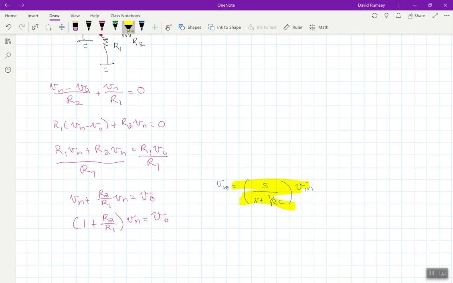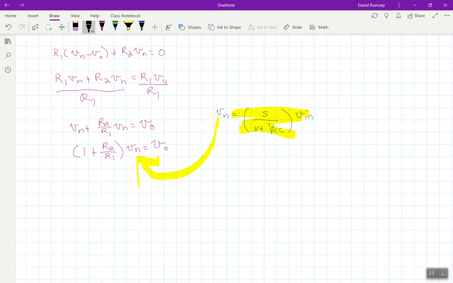Substituting this in, what I wind up getting is that V out is equal to S over S plus 1 over RC times (1 plus R2 over R1) times Vin.